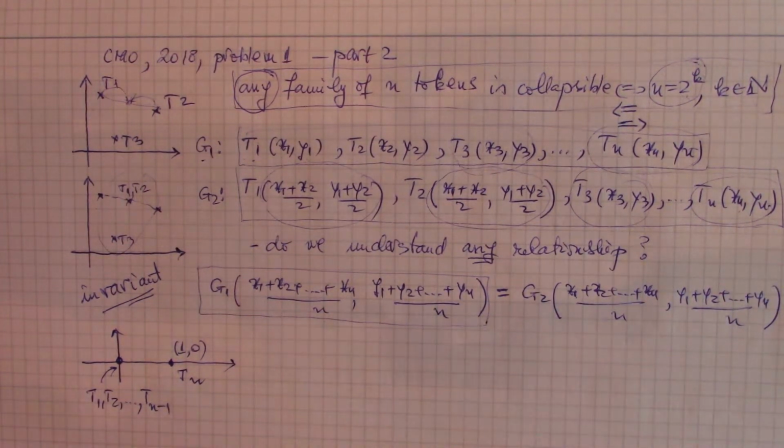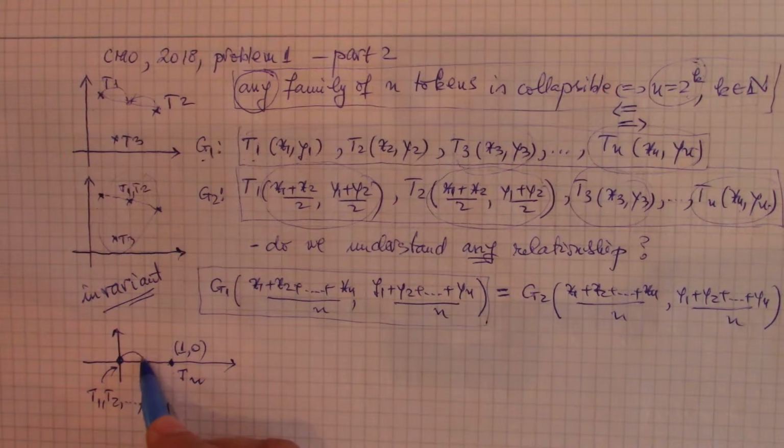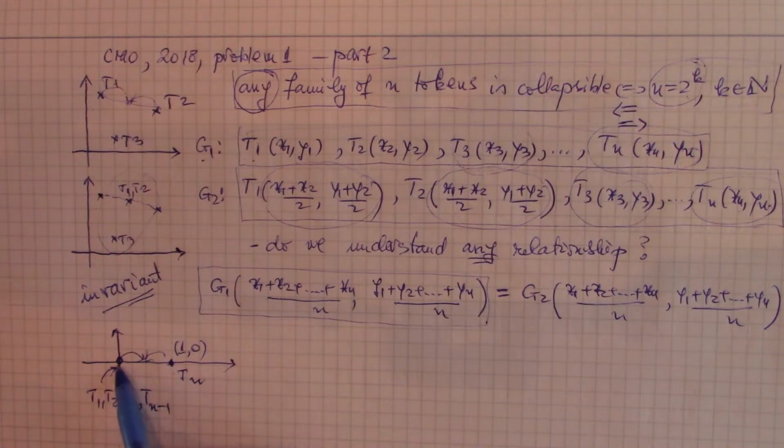All right, so now, how are we going to collapse these tokens? Well, because all of them are collapsed with the exception of this one here, the only way to change this family is by taking one of these tokens from here and this token from here, right? So we are going to move them to the midpoint of the segment determined by these 2 points.